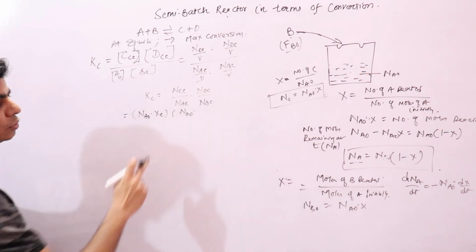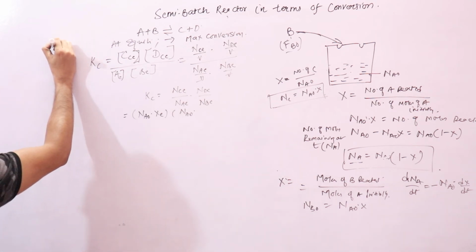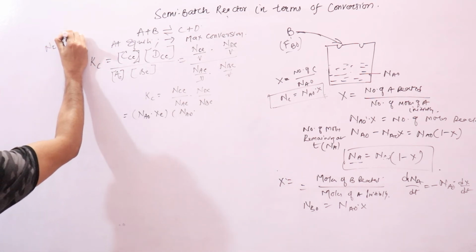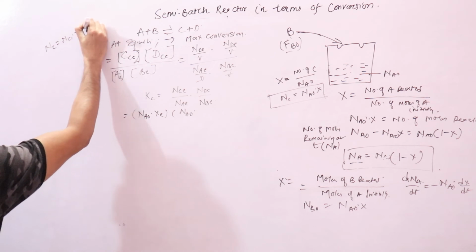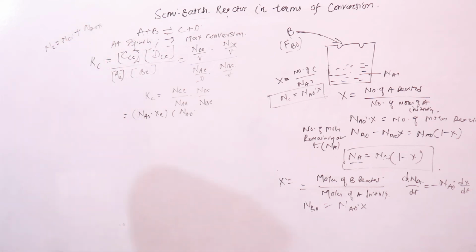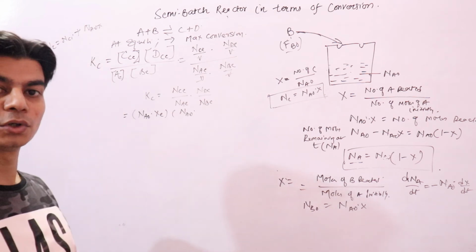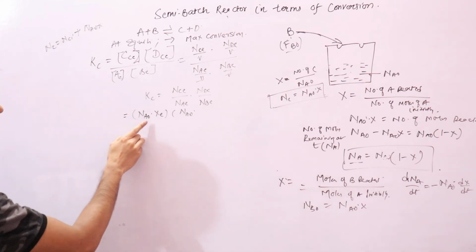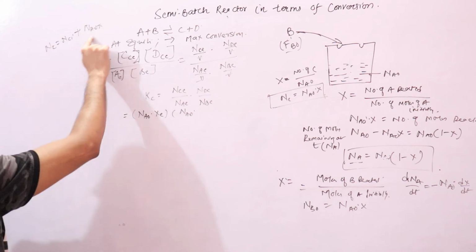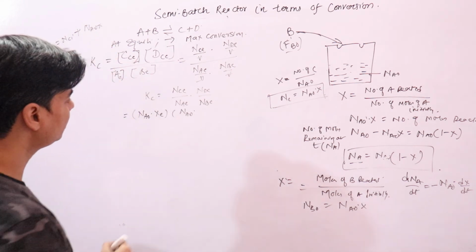If you remember, the number of moles of C was NCI plus NA0 X. This was at any time t. Since initially the amount of C was 0, the amount of C is now NA0 Xe, where Xe is the conversion at equilibrium. Same is for D.